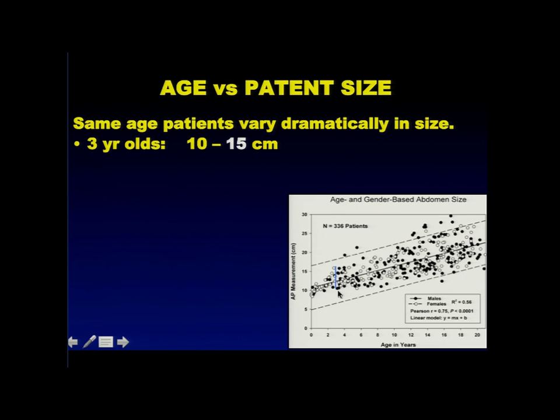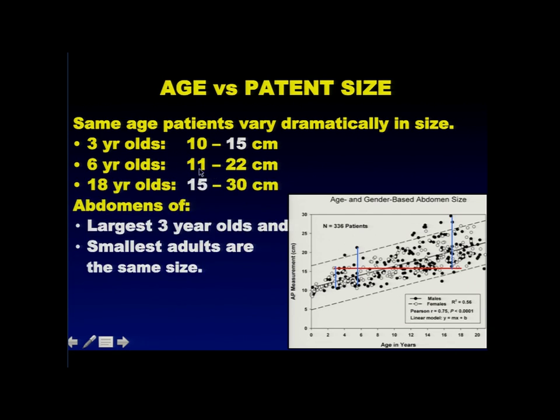The 3-year-olds, by this blue vertical line, are anywhere from 10 to 15 centimeters in size. The 6-year-olds up here are 11 to 22 centimeters, and the 18-year-olds are 15 to 30 centimeters. So for the same age, there's a factor of 2 difference between the largest and the smallest patient.